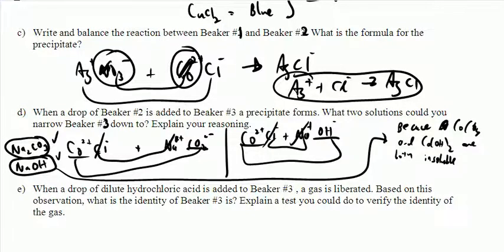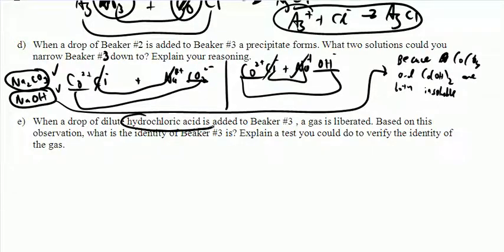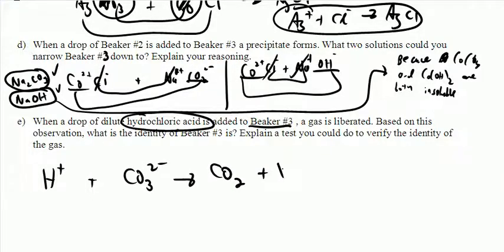Okay, last one. When a drop of dilute hydrochloric acid is added to beaker 3, a gas is liberated. So we know that when you add H+ to something containing CO3 2-, it produces CO2 and H2O. This is from our stick box. So we know that the identity of beaker 3 must contain CO3 2-.